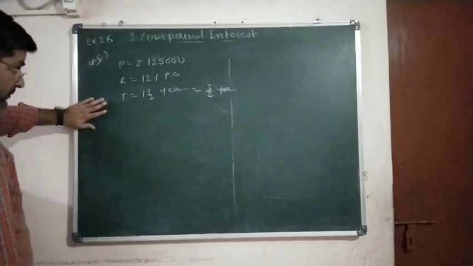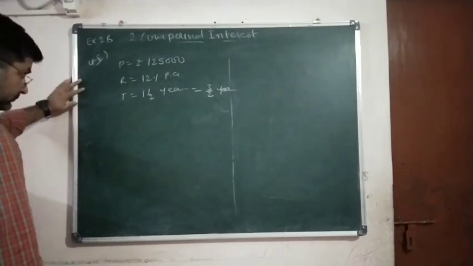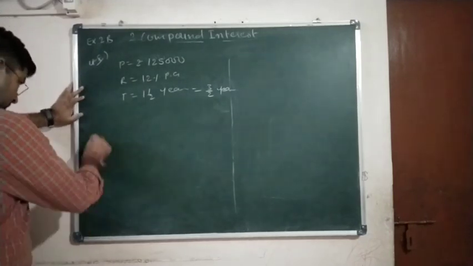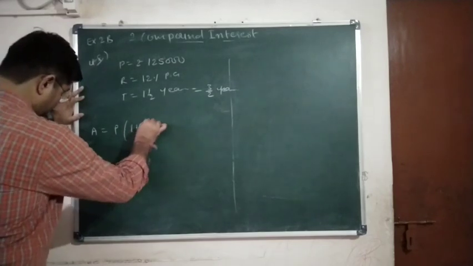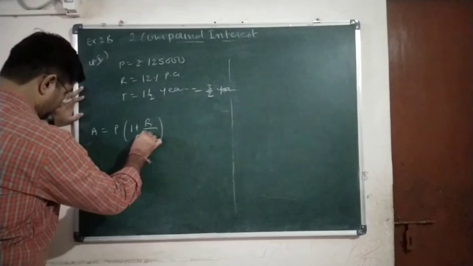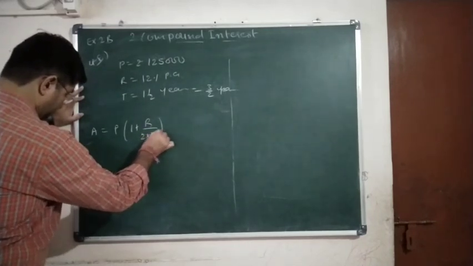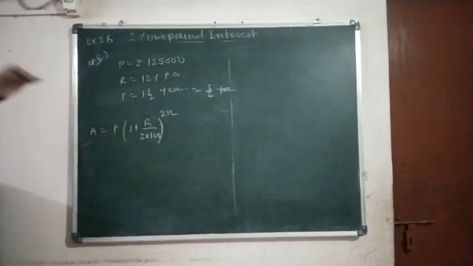Okay, so now let us put the formula. So amount A is equals to P into bracket 1 plus R upon 2 into 100 raised to 2n. Yes or no? For half yearly the formula is R upon 2 into 100 raised to 2n.